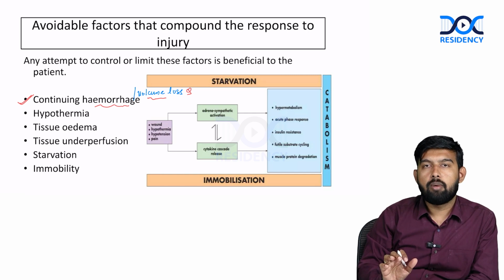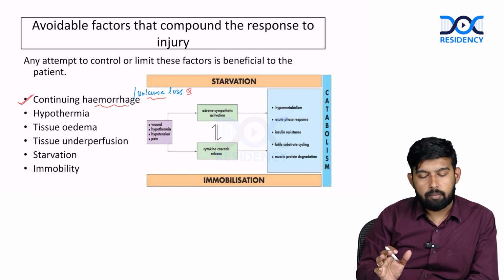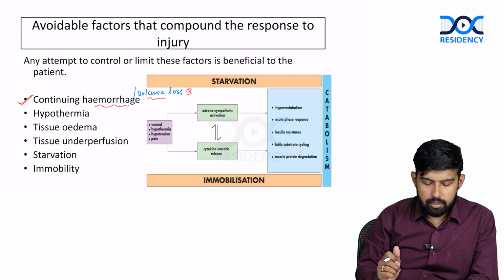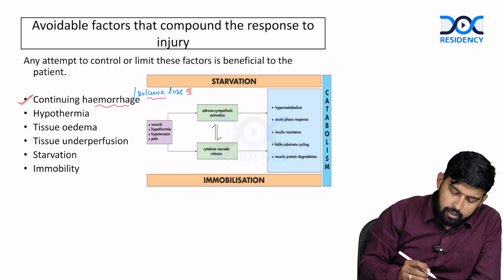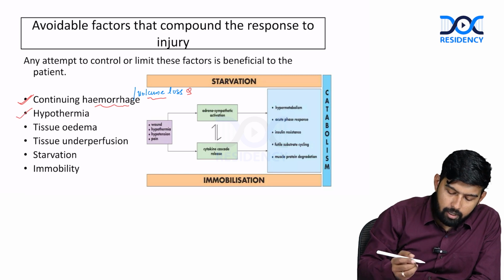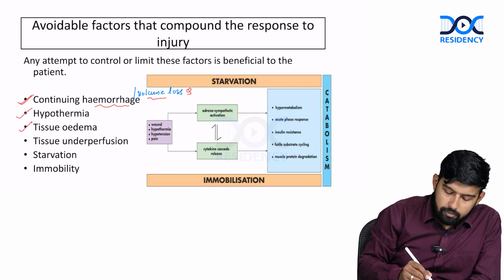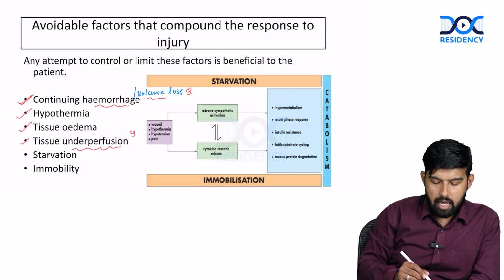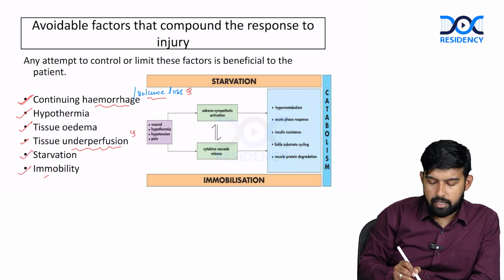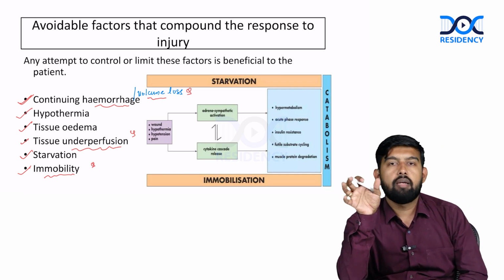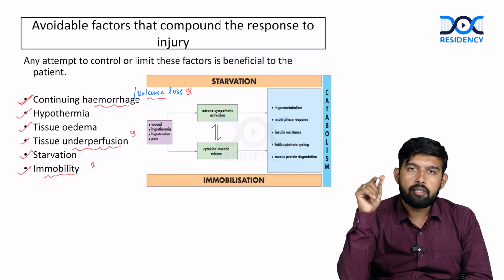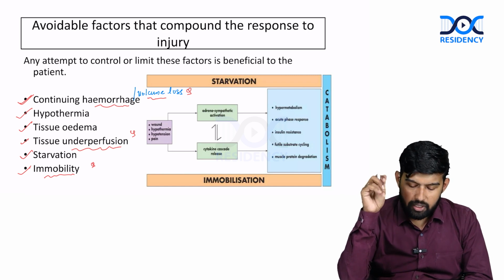This can be avoided by proper surgical management, packing, or ligation of the vessels. The other avoidable factors are hypothermia, tissue edema, tissue underperfusion due to prolonged shock, starvation, and immobility. These are the avoidable factors which, if avoided, can decrease the metabolic response to injury.